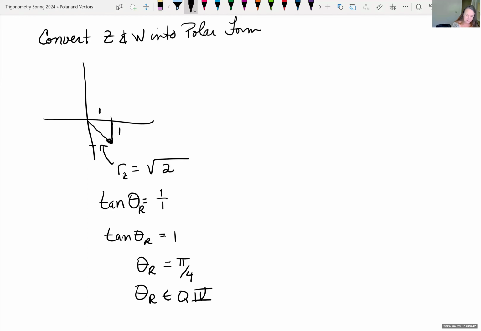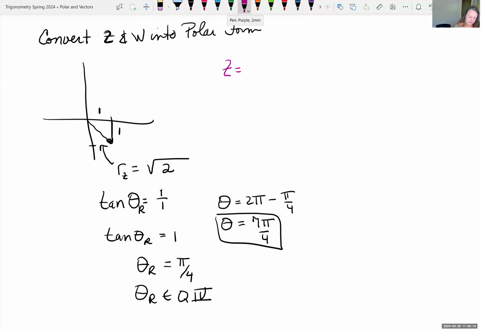So I need to look at 2 pi minus pi fourths. 8 pi fourths minus 1 pi fourths gives me 7 pi fourths. So my z value in polar form is r, which is root 2, times cosine of 7 pi fourths plus i sine of 7 pi fourths.